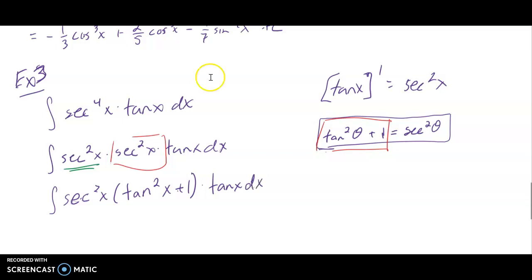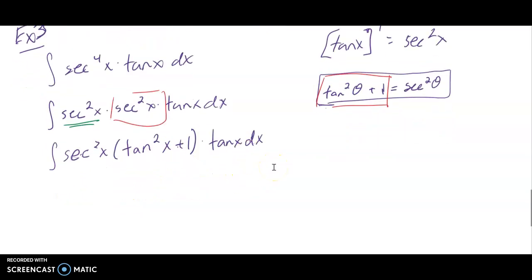All right, so what did I do? I took this red box, and I know that secant squared theta is tan squared theta plus 1, so we just replaced the thetas with x's and popped over to this. So that became a tan squared x plus 1.